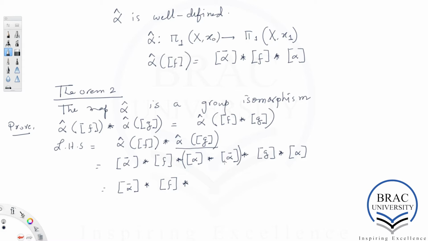Alpha is the path from x0 to x1, so it's the loop based at x0. It's the constant loop. From the definition, it's going to be the identity. So alpha bar is the inverse of alpha, so it's going to be the identity loop.